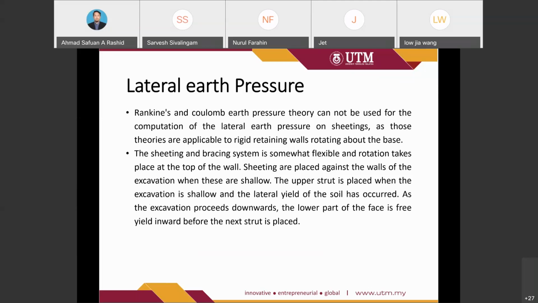The sheeting and the bracing system is somewhat flexible, and rotation takes place at the top of the wall. Sheeting are placed against the wall of the excavation when these are shallow. The upper strut is placed when the excavation is shallow and the lateral yield of the soil has occurred. As the excavation proceeds downward, the lower part of the face is free to yield inward before the next strut is placed. Okay.